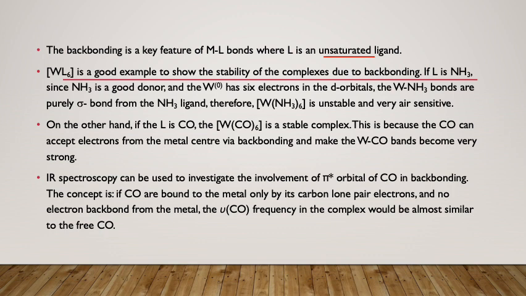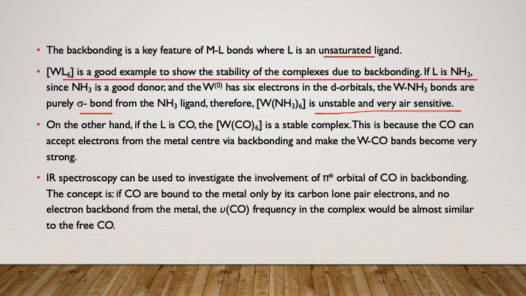In the first case, we use ammonia as the ligand. Since ammonia is a good donor, with tungsten having 6 electrons in the d orbital, the W-NH3 bonds are purely sigma bonds from the ammonia ligand, which causes the complex to become unstable and very air sensitive, because no back bonding happens.